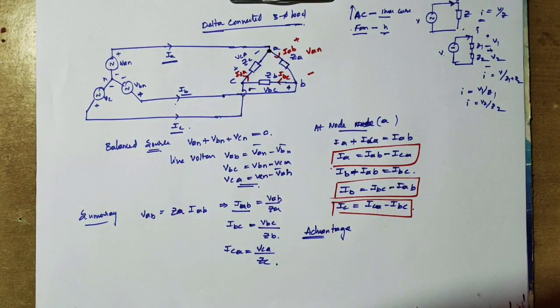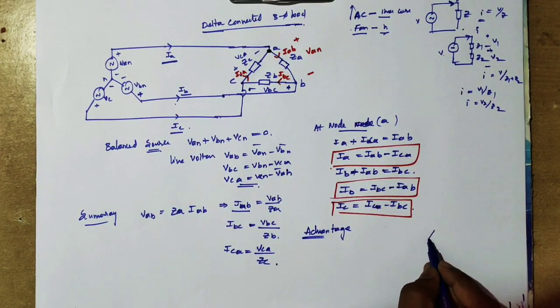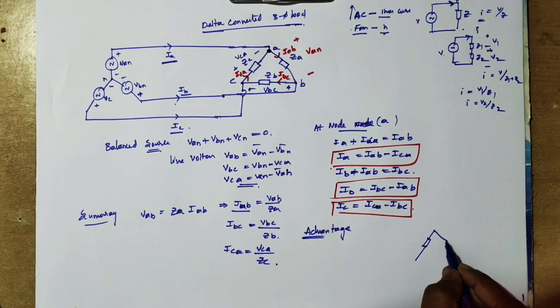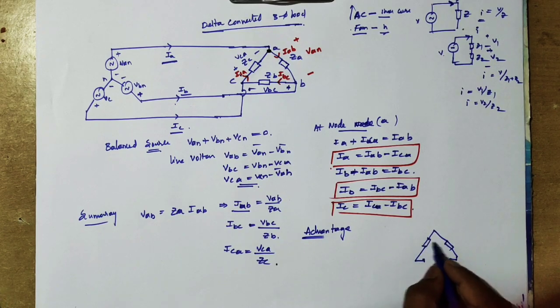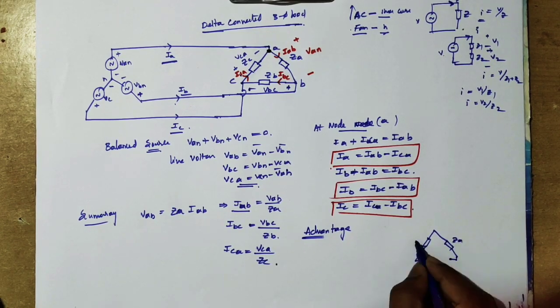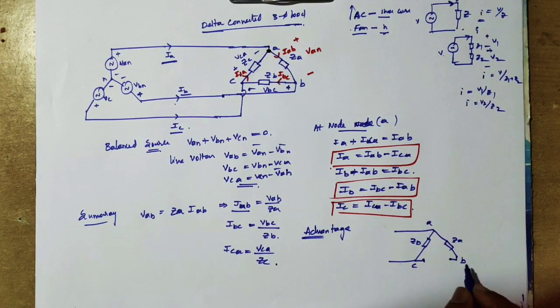How? For example, I'm taking this as the load, and I'm removing this B phase. These are phases ZA, ZB. What are the line currents entering at A, C, B?